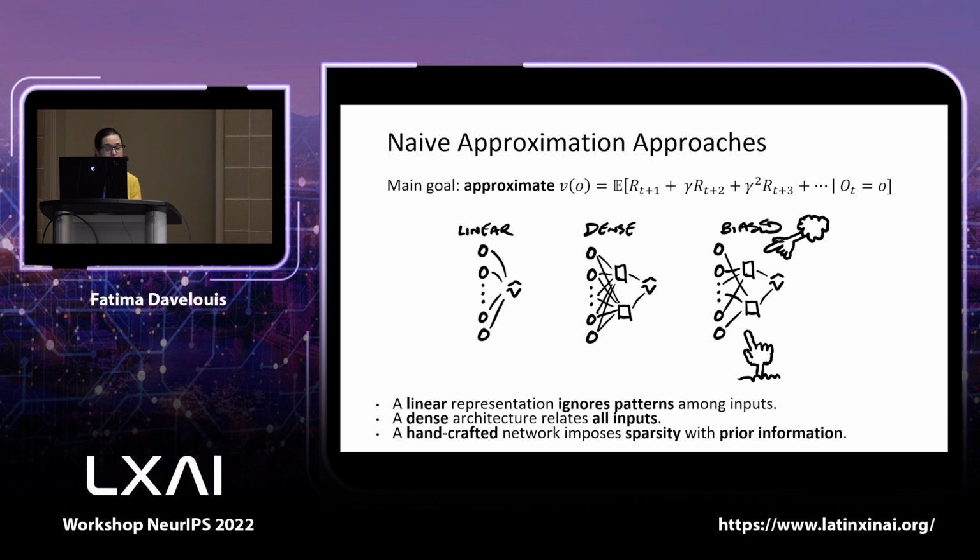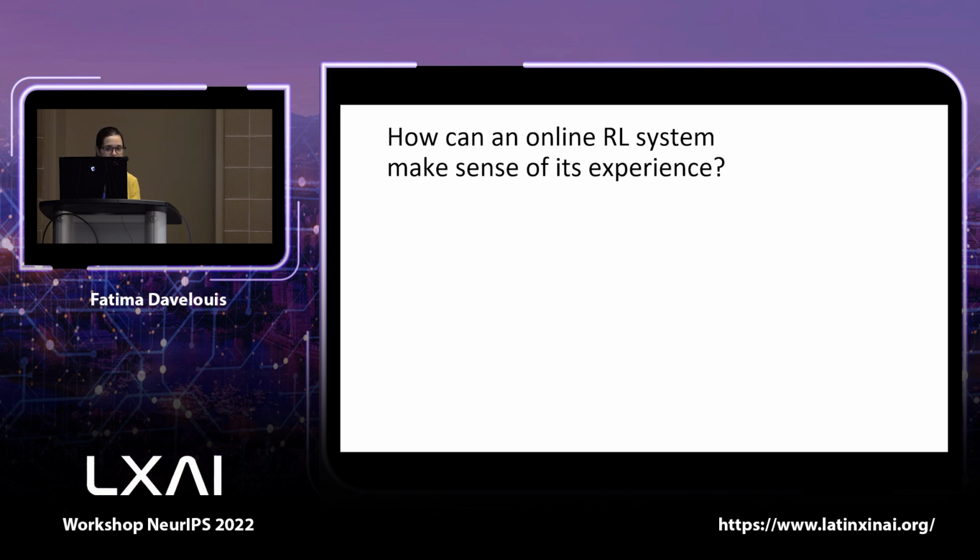A third approach is to use a dense architecture which relates all inputs together. And if some inputs don't actually rely on others, then the architecture should learn to decrease those weights to 0 over time.